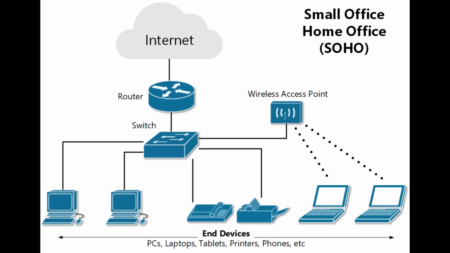In this home office setup, the SOHO topology may involve a single router gateway device connected to the internet service provider, ISP. End user devices such as laptops and phones can be connected to the router wirelessly, or desktops can be connected to the router through wired connections.